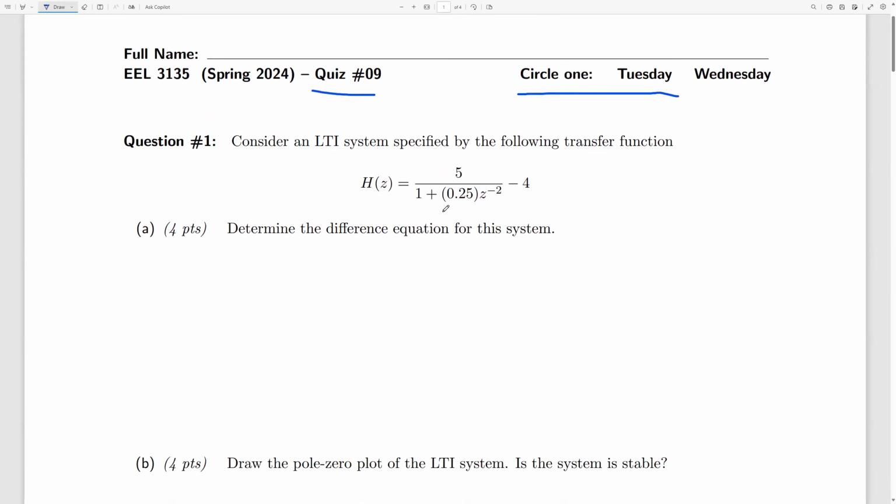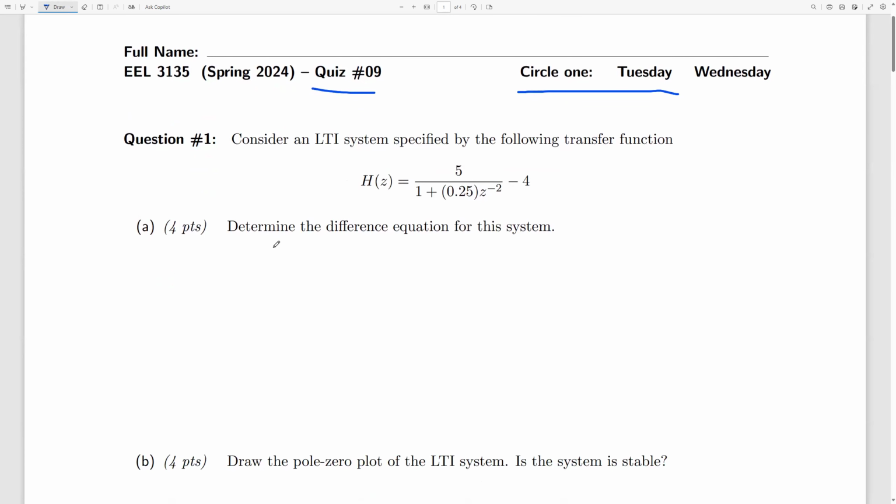Consider an LTI system specified by the following transfer function, determine its difference equation. And what you should always do is just simplify as best as you can. So I want to do a common denominator for this 4 and see what's going to happen. And you'll get H of z equals 5 minus 4 times 1 plus 0.25 z to negative 2 over the denominator.